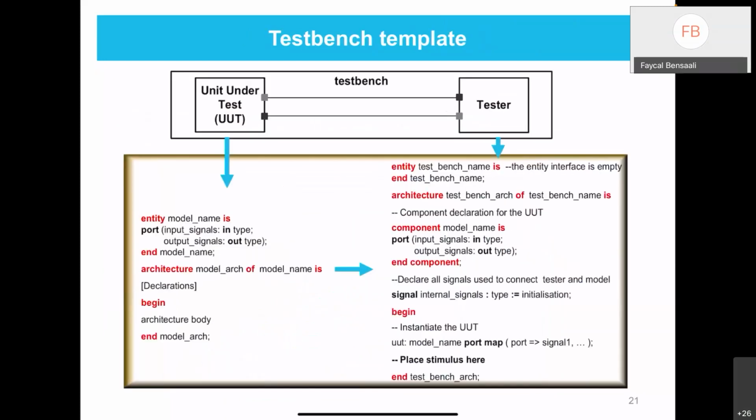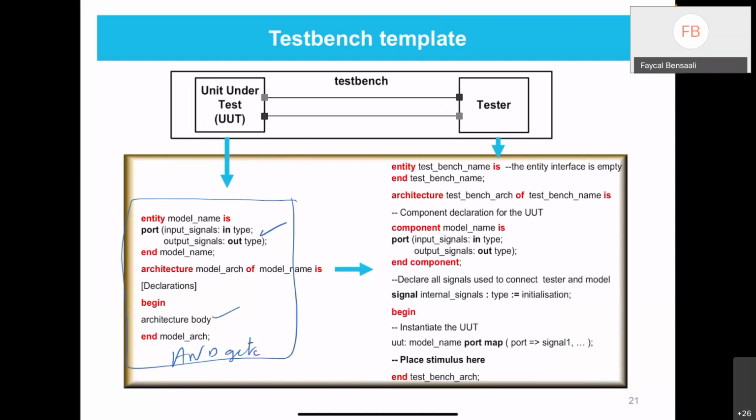So just to clarify further, let's say that this is our VHDL code, for example, AND gate. So we will have the entity, we will have the architecture, and so on. You know those things, right? Now you need to go and create another code, which we call a VHDL test bench.